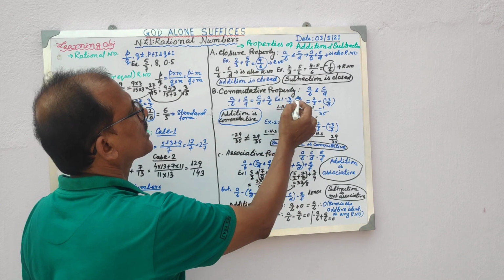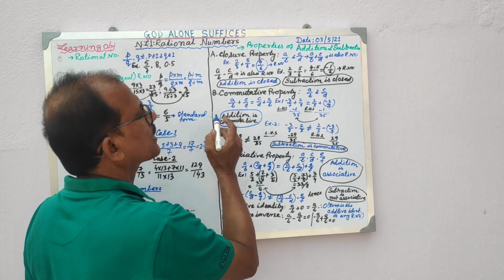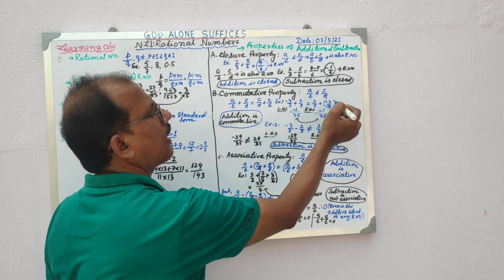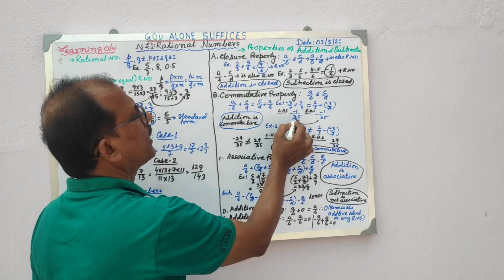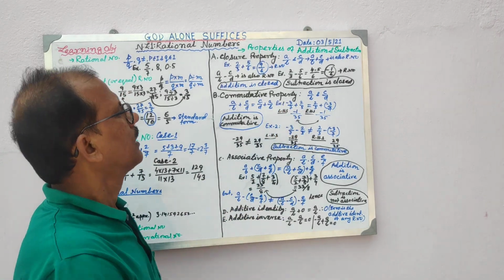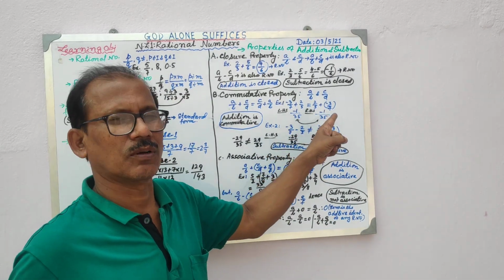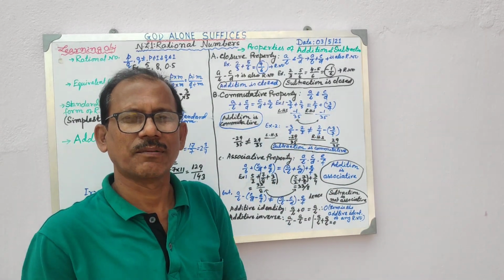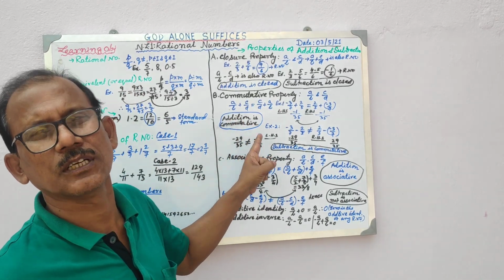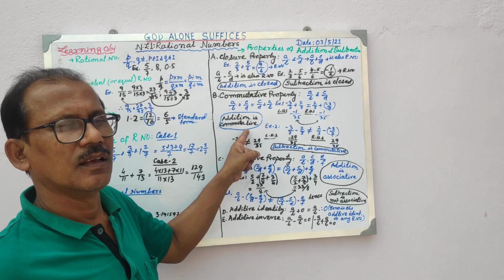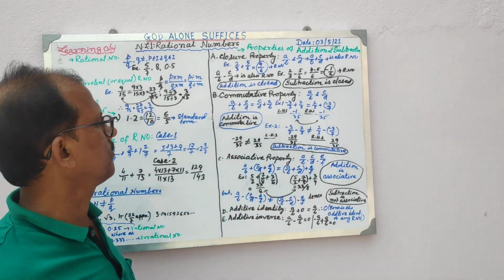First you add the left hand side, A by B plus C by D, and on the right hand side C by D plus A by B. Left hand side if you add, you will find minus 1 by 35. Right hand side if you add the fractions, you will find minus 1 by 35. So both sides the summation is the same, no? Therefore addition is commutative. Could you understand? So addition is commutative.